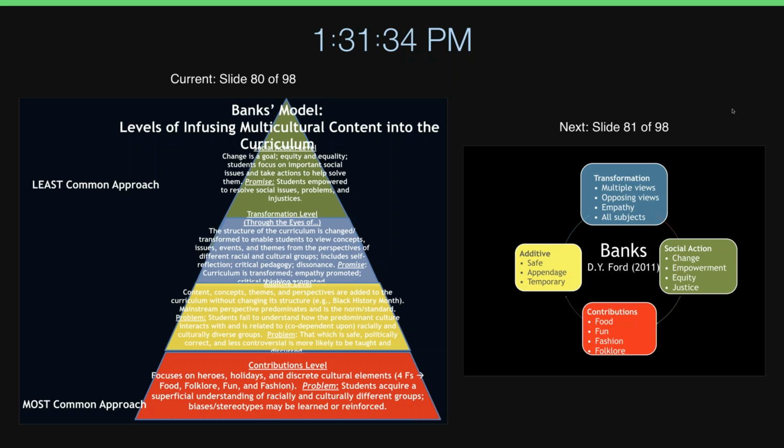So this is where we tentatively, safely, temporarily start adding multicultural content, concepts, themes, and points of view to the curriculum. However, the structure of the curriculum does not change. It remains intact.